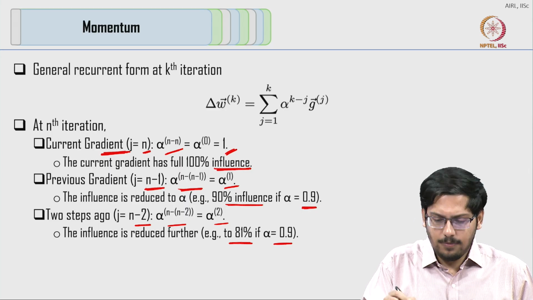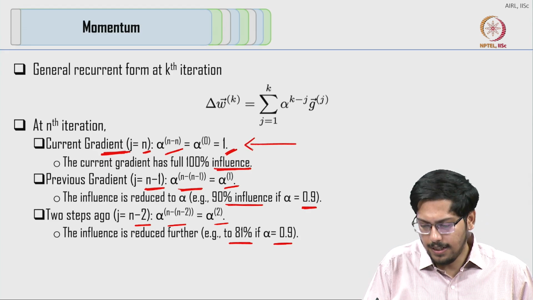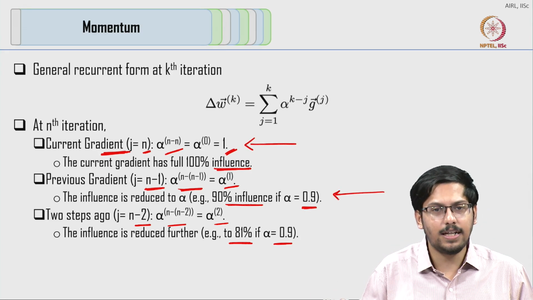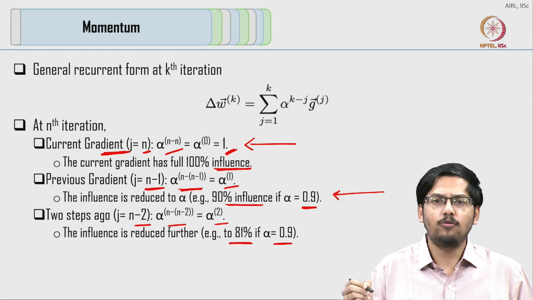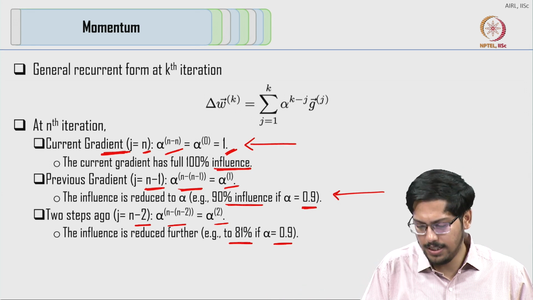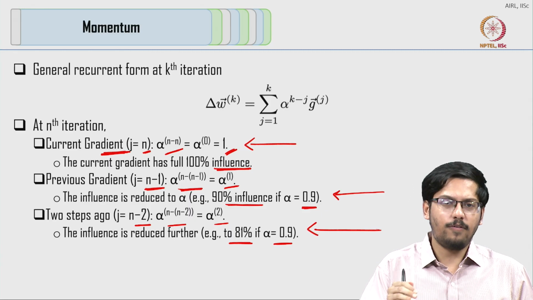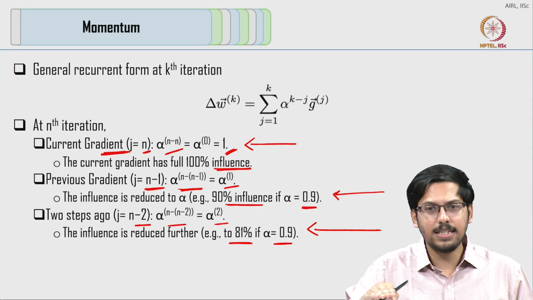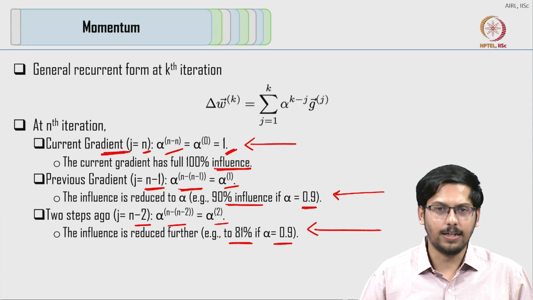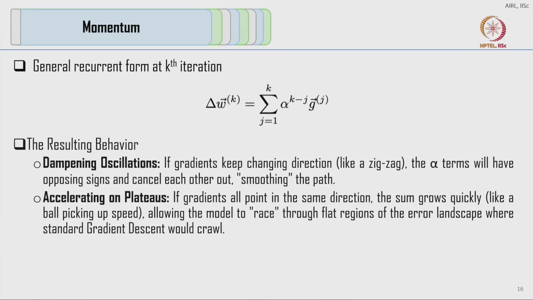So as we observe, the influence of the current gradient is 100%, the influence of the previous gradient is 90%, the influence of n minus 2, which is 2 steps prior, is 81%. So we can see that the influence of previous gradients keeps decreasing with the nth gradient, right? And so let's see what the resulting behavior is.